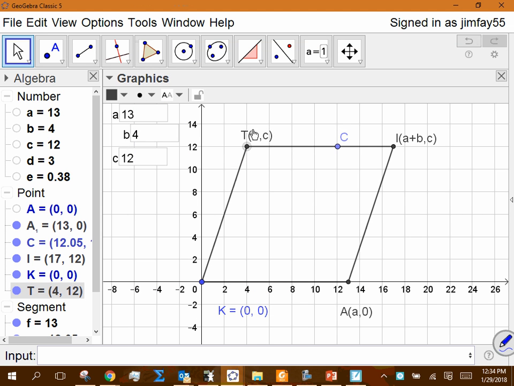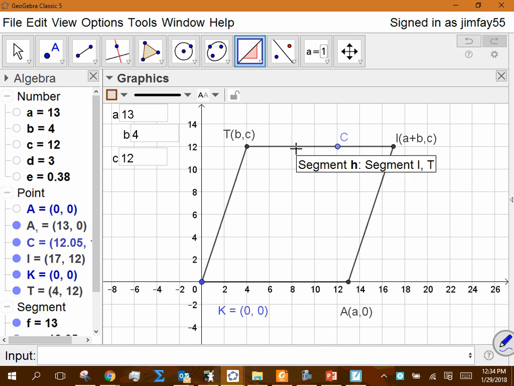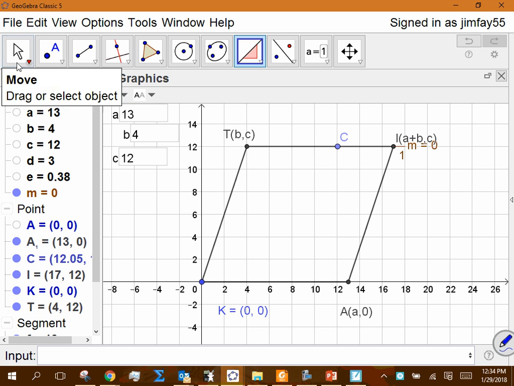All right. So obviously we know it's the horizontal line, right? Okay. And if I click slope, it tells me my slope is 0.